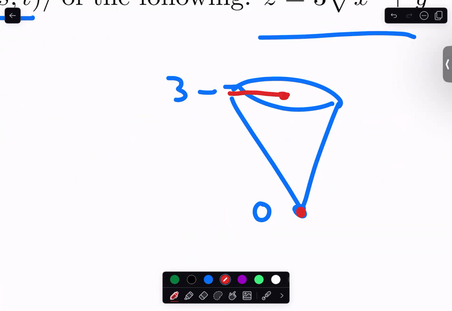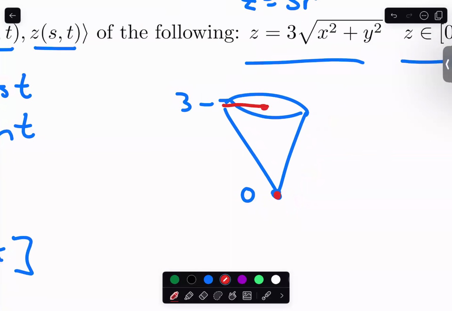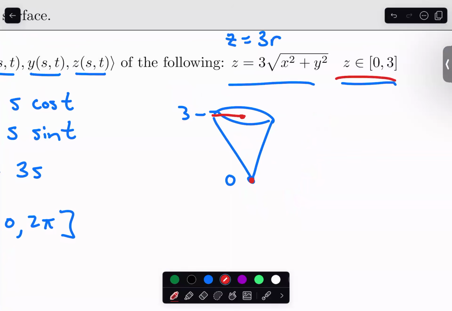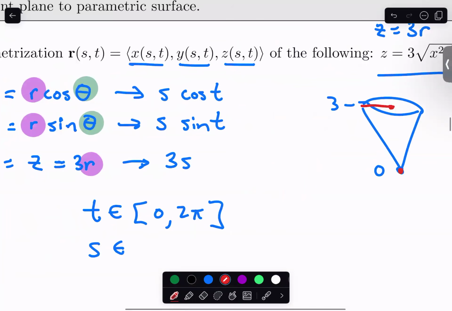And they seem to max out here. Since we capped it at z equals 3, we need to figure out what our maximum radius is. So luckily we have this: z needs to be from 0 to 3, and we know that z was equal to 3s. So we can transform that into some bounds for s instead.